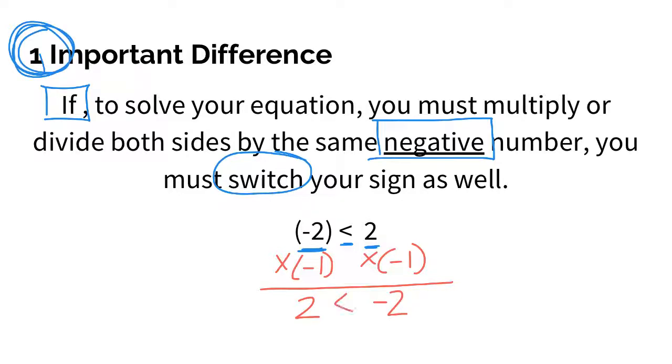If I were to leave my sign, that would no longer be a true statement. Because I multiplied or divided by the same negative number, I have to flip my sign. Now that's hard for kids to remember, so be sure you're thinking if you multiply or divide by a negative, flip your sign.